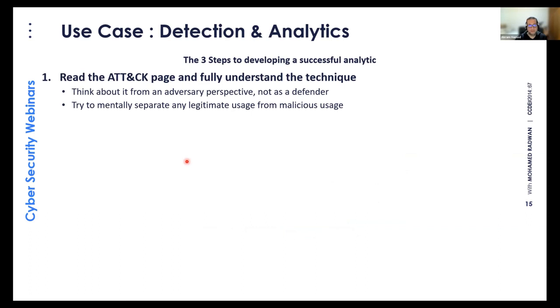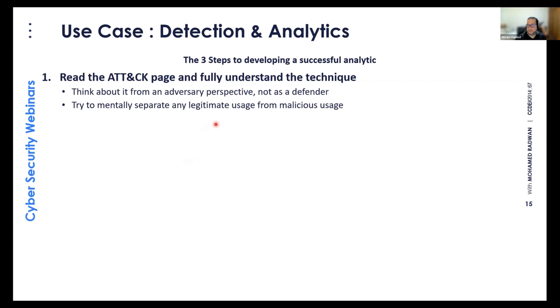This is maybe a very simple way of employing the ATT&CK framework to build a use case. The first step: let's say you want to build a use case to defend against a specific technique, which might be lateral movement. First you need to understand exactly how this lateral movement technique is done by going through the ATT&CK page for it and understanding how exactly it works.